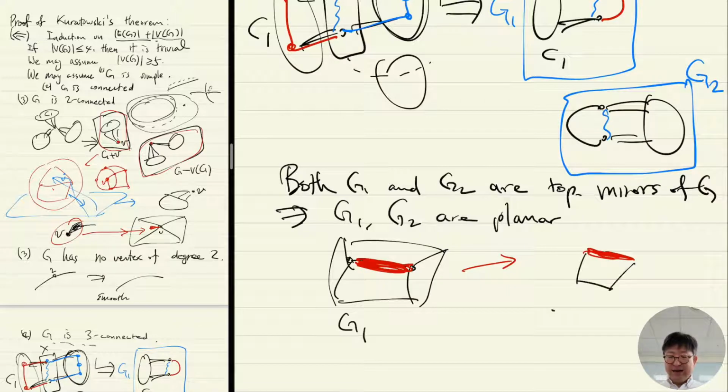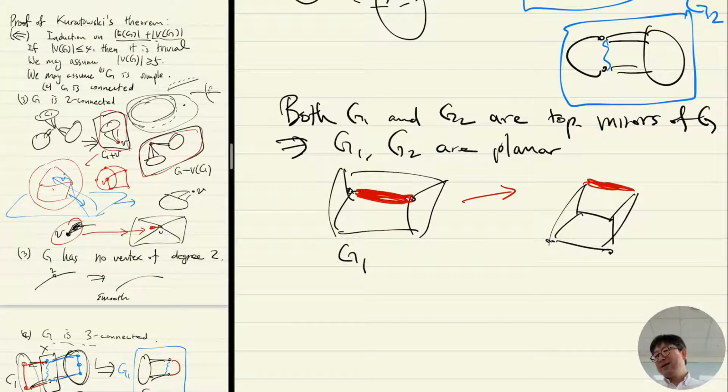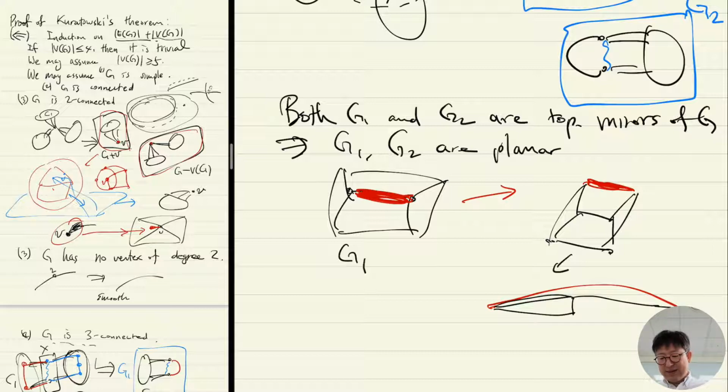Can you draw that? By drawing it on a sphere and then rotating it and picking the North Pole around this red edge and applying stereographic projection again, then this red edge will be on the infinite face. Now I'm going to draw it in a weird way. Just stretch this red edge far away, and then all the other things will be stretched as well.